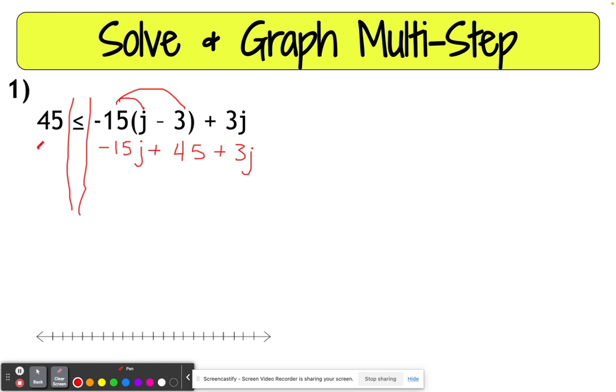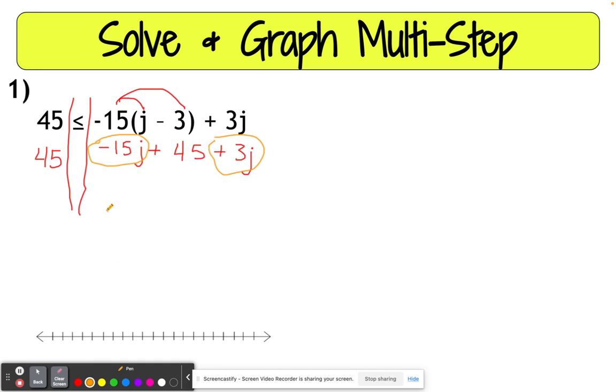On my left side, I have 45. I have some like terms I can combine. I can combine my negative 15j with my positive 3j.